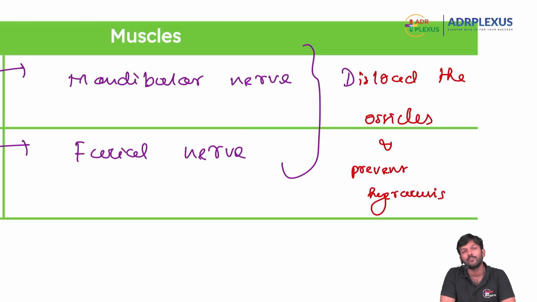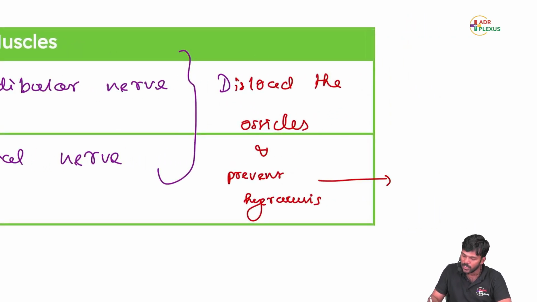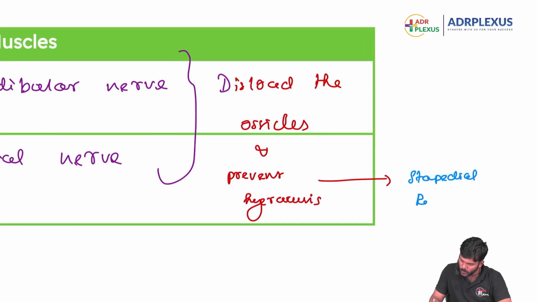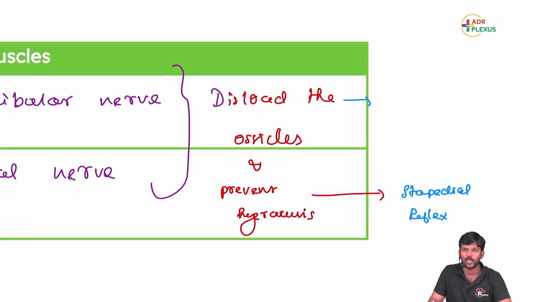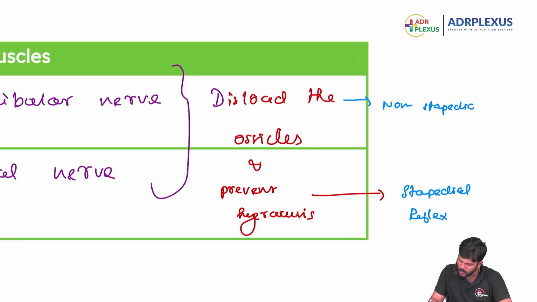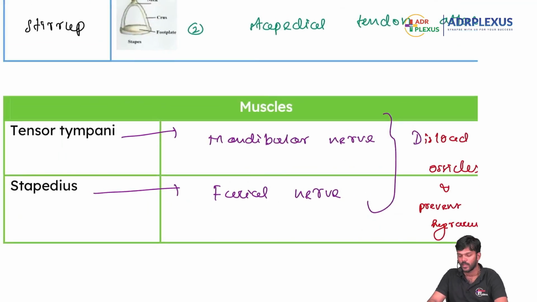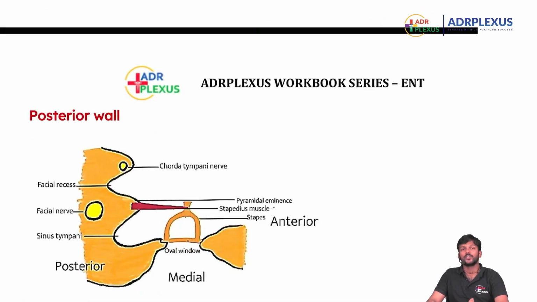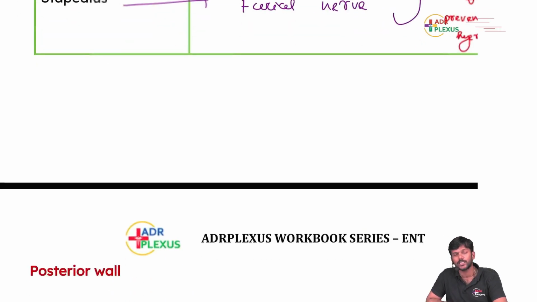So that will prevent hyperacusis. If it is done by the stapedial tendon, you call it the stapedial reflex, through the facial nerve. If done by the mandibular nerve, it is called the non-stapedial reflex. So it's very, very important. They may ask this as an MCQ. Clear? So we have finished the medial wall and the contents of the middle ear.